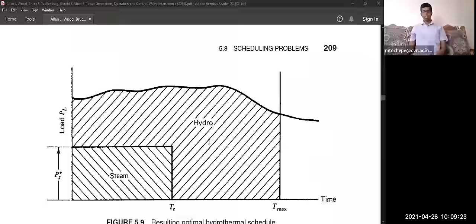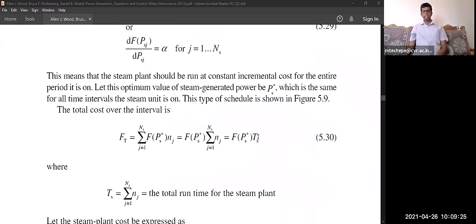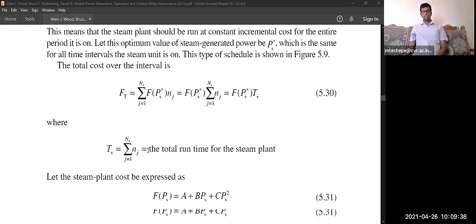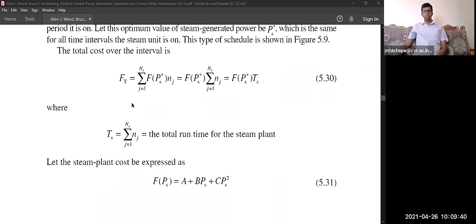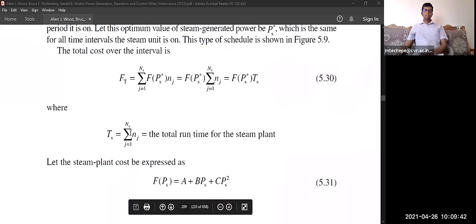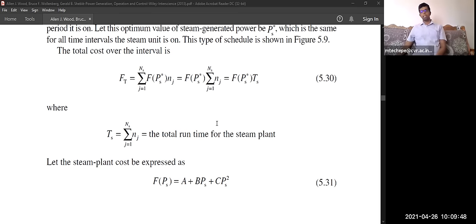Similarly, we take sigma j equal to 1 to ns of nj as TS, the total period of time of the steam generating unit. So TS is the total runtime for the steam power plant.